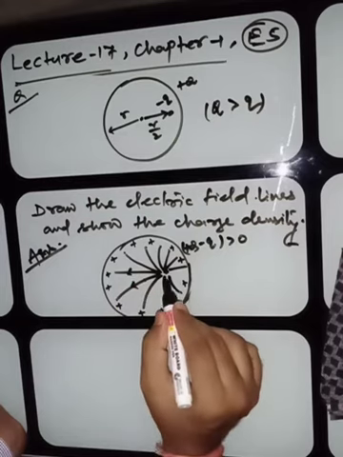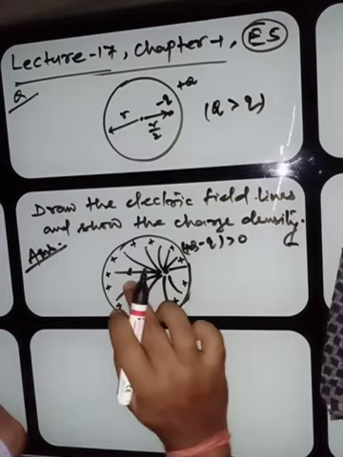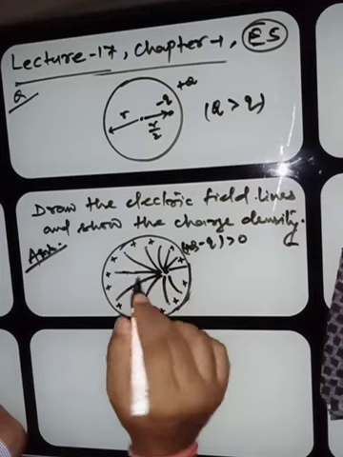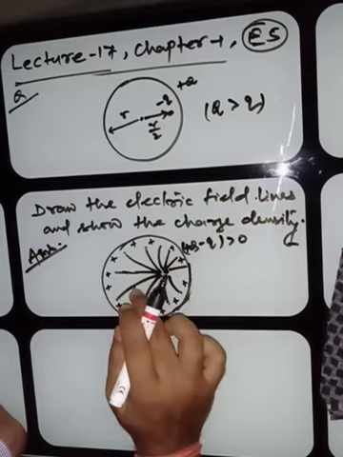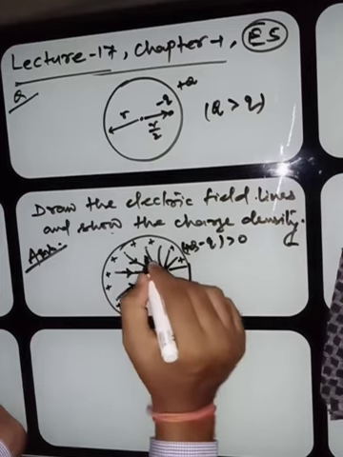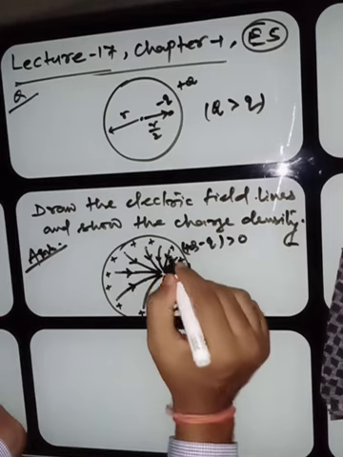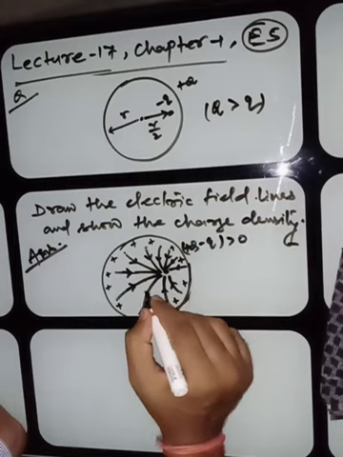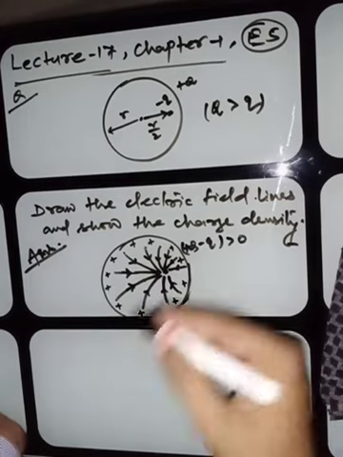This was negative, no? Yes, this was negative. The field lines will be from positive to negative, so this will be the direction of the field lines.